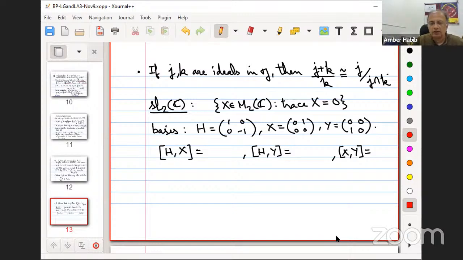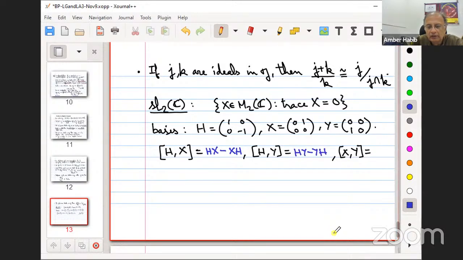Now that's easy to compute. What do you have to do? You have to take H, multiply with X, multiply in the other order, and subtract. I won't do it, but you just multiply certain 2 by 2 matrices and you will have the result.